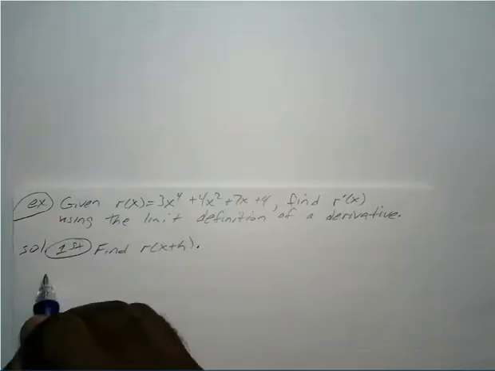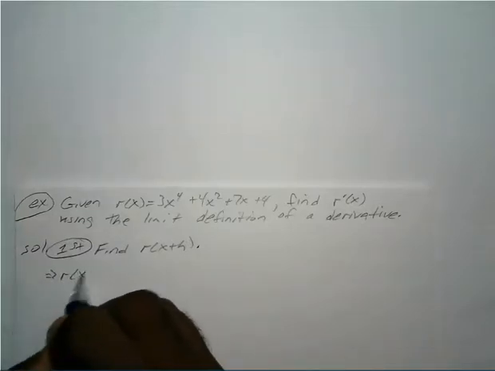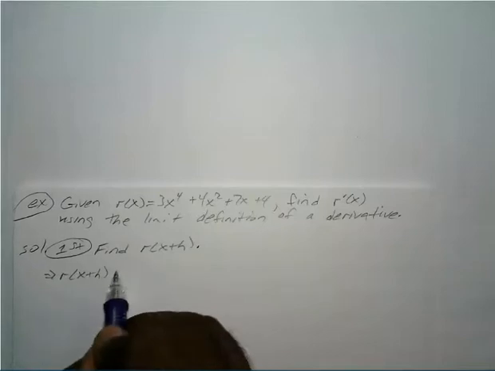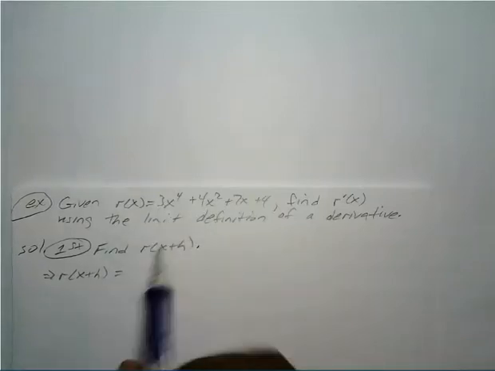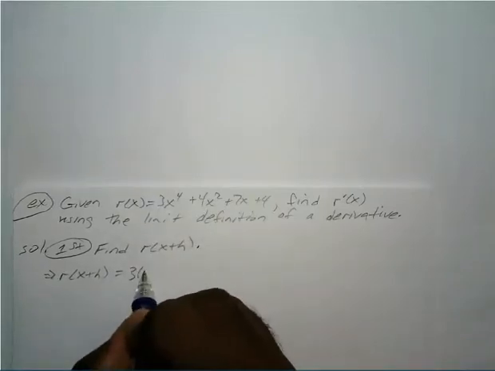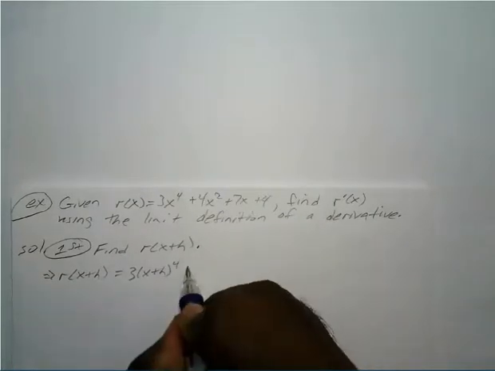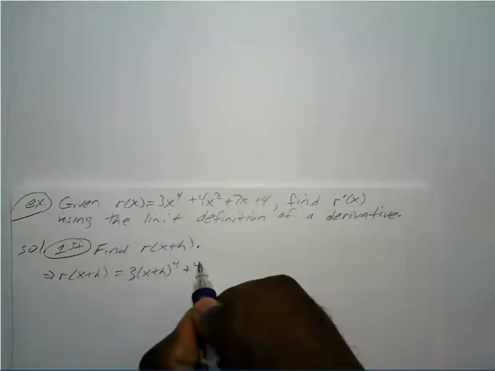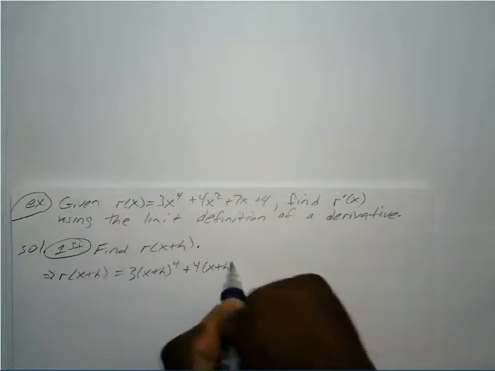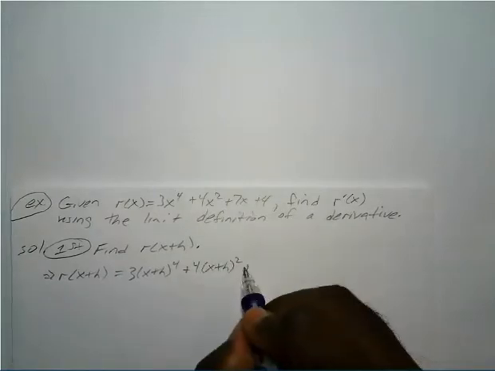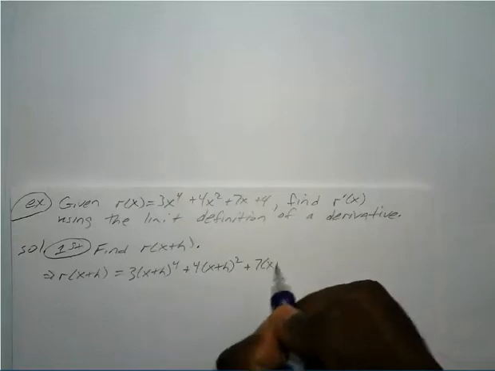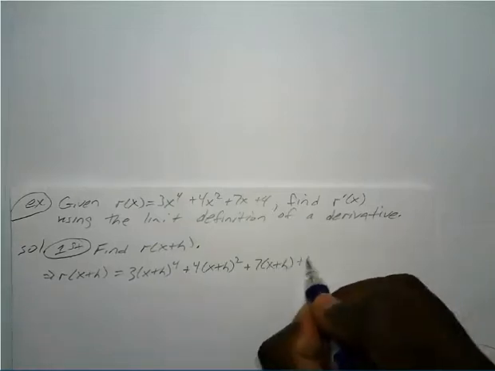Alright, so we know that r of x plus h is equal to 3 times x plus h to the fourth plus 4 times x plus h squared plus 7 times x plus h plus 4.